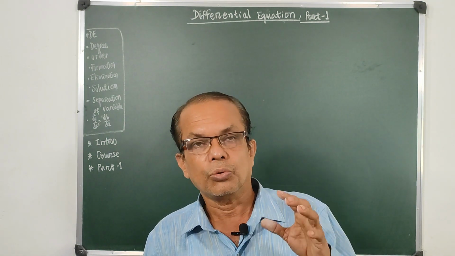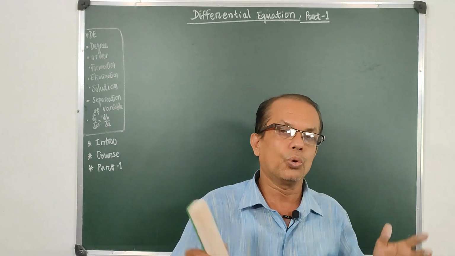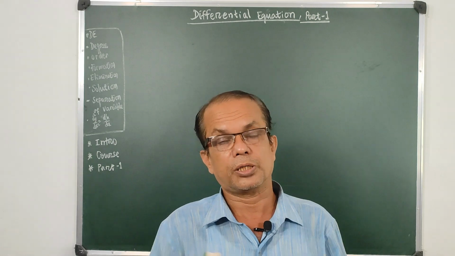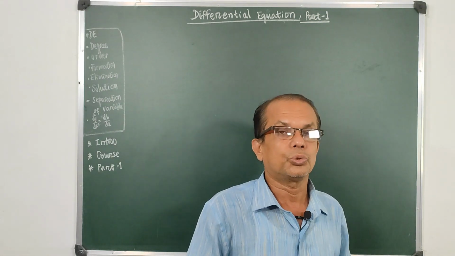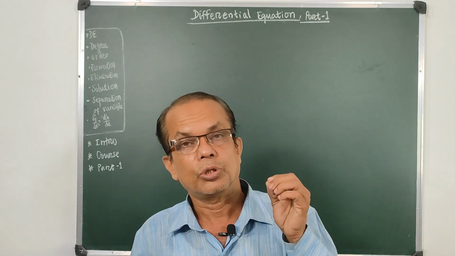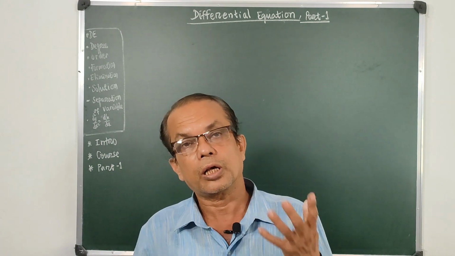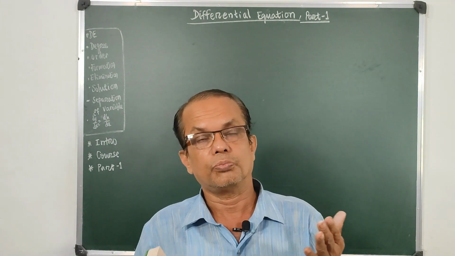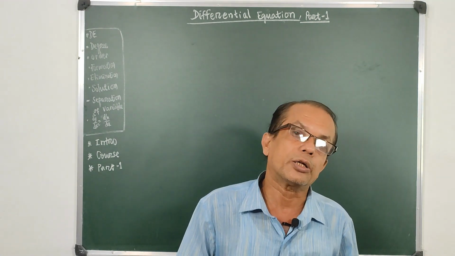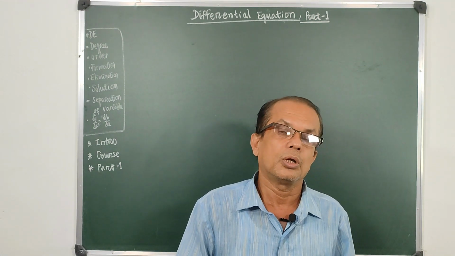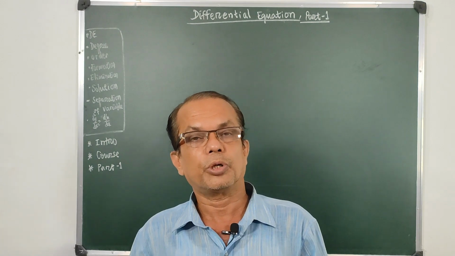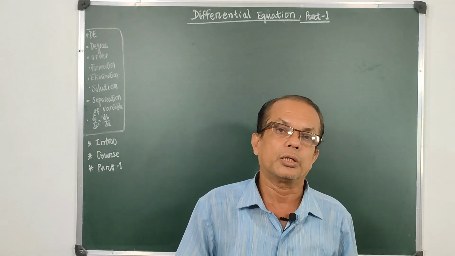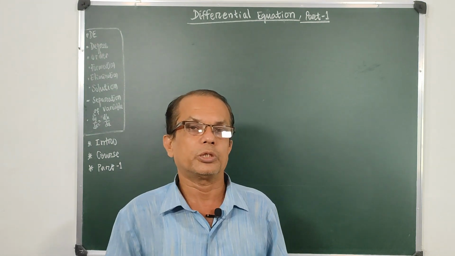What we have to study in this whole course should be divided into three parts. Part 1 is about differential equations: what are differential equations, how we find the degree and order of a differential equation, how to form a differential equation, what is the elimination method, and then what is the solution of a differential equation.